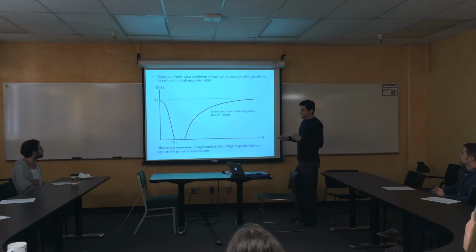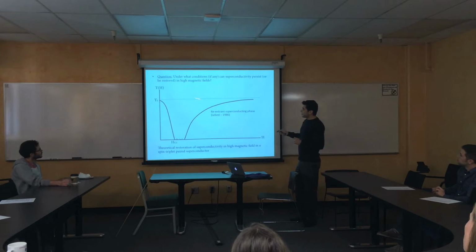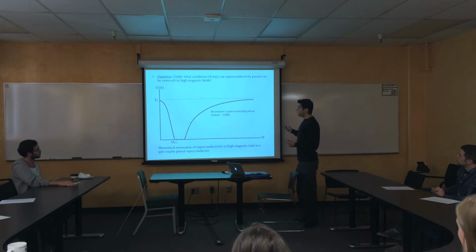So superconductivity actually can be restored under high magnetic fields, and as the field grows and approaches infinity, the transition temperature approaches the zero field transition temperature. Essentially, infinite magnetic field is equivalent, as far as bulk properties are concerned, to having no field at all. Okay.